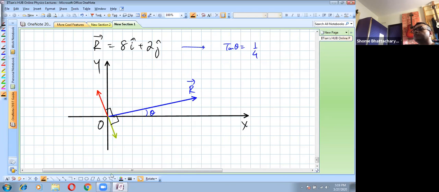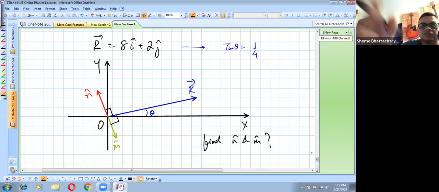This will be one unit vector, let's say n cap, and this will be the other unit vector. Now how to find these two unit vectors? This is a very interesting problem in itself. So I'll leave you with a hint on how to do this.